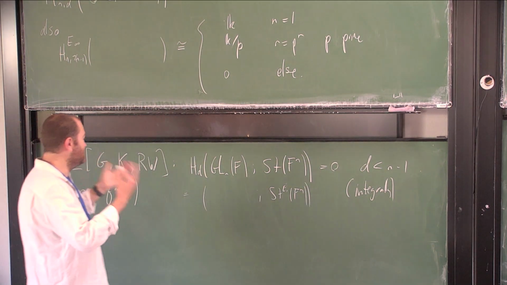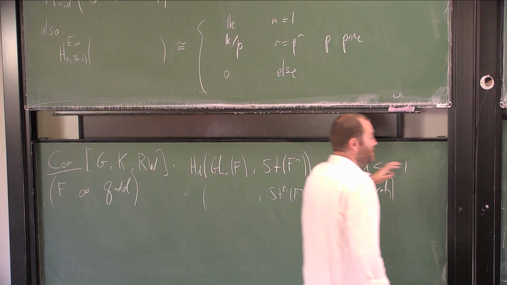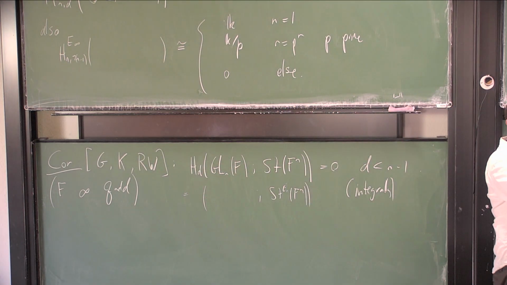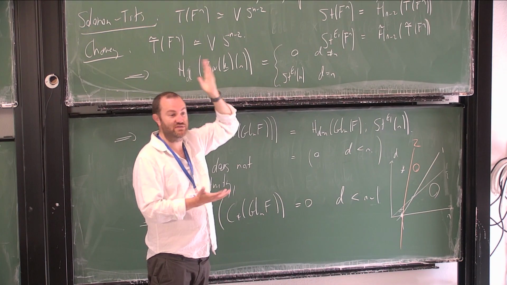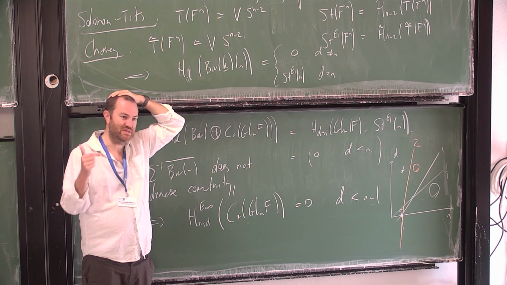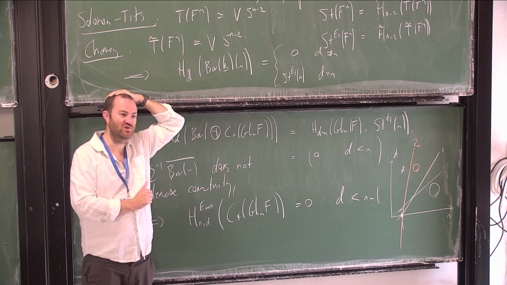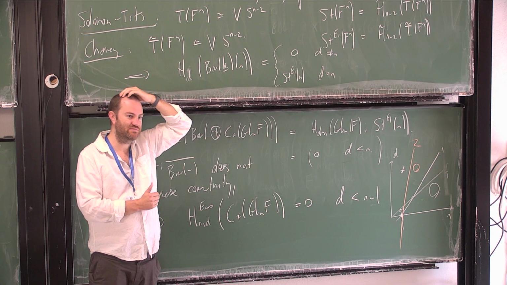Because when you act on the Tits building by GL_n, the stabilizers, when you act on the ordinary Tits building, are block upper triangular matrices. And the stabilizers, when you act on the split Tits building, are block diagonal matrices. And those are different groups. But when the field's infinite, they have the same group homology. I mean, the canonical inclusion or projection is a homology isomorphism. So that's a theorem of Suslin and Nesterenko, I suppose.